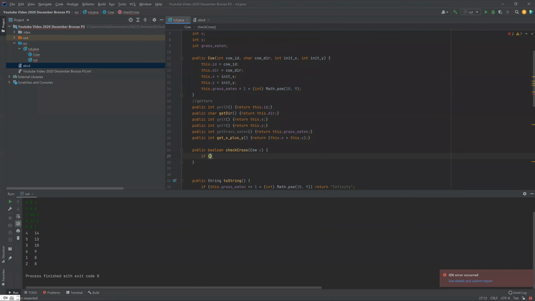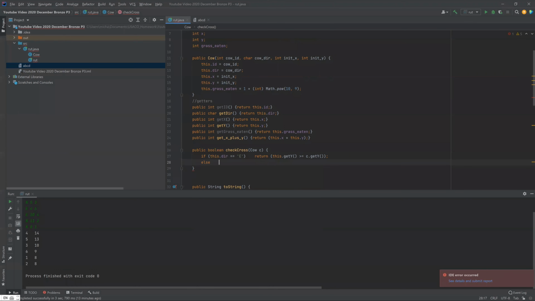If I'm going east, and my y position is greater than or equal to their y position, then we have a probability of crossing, right?